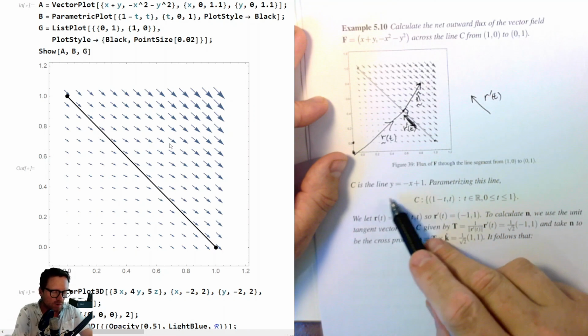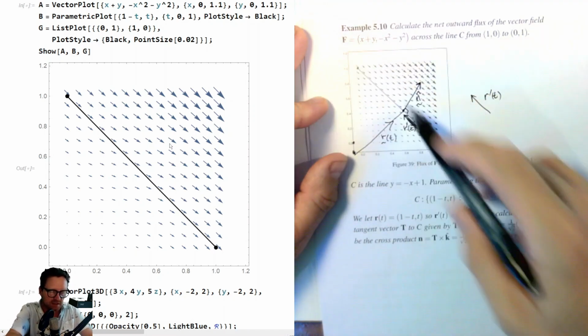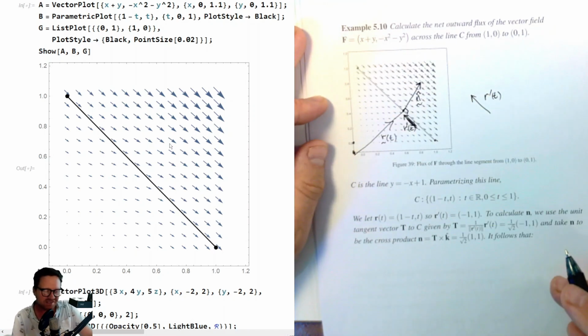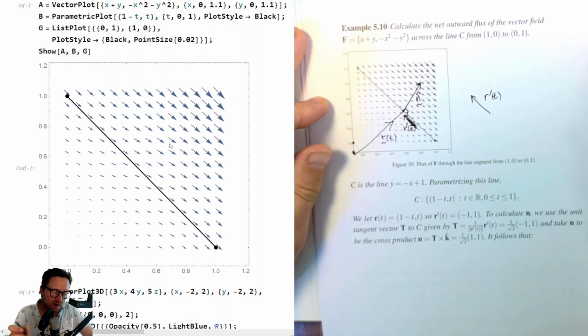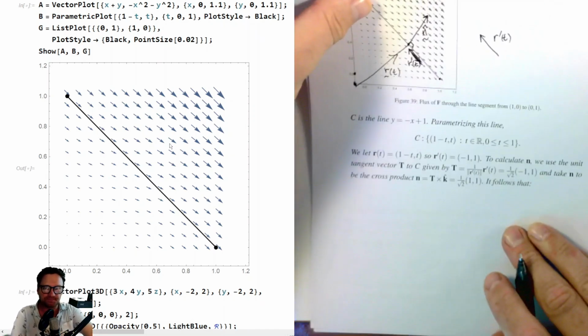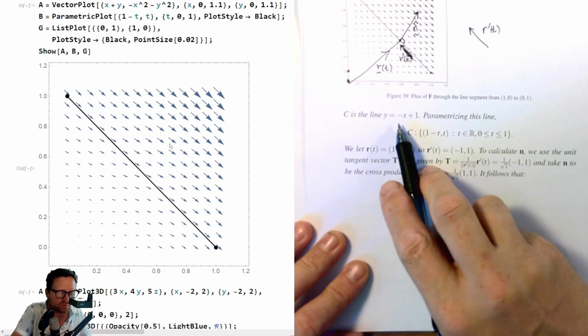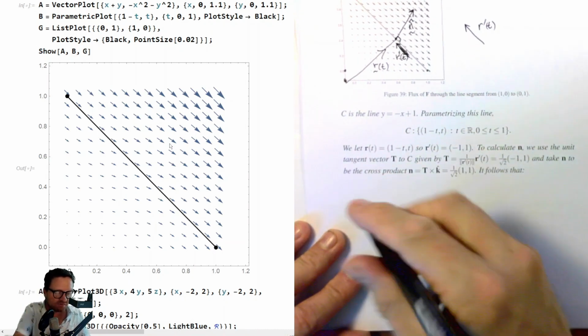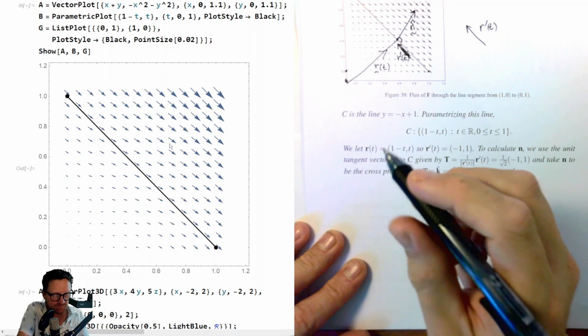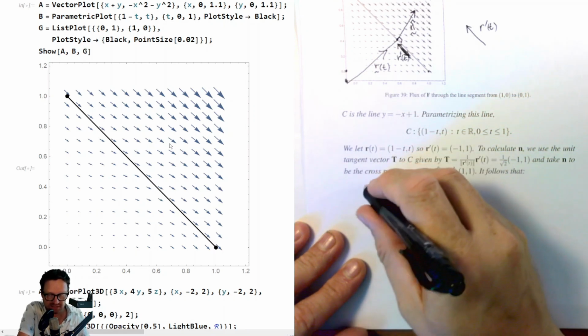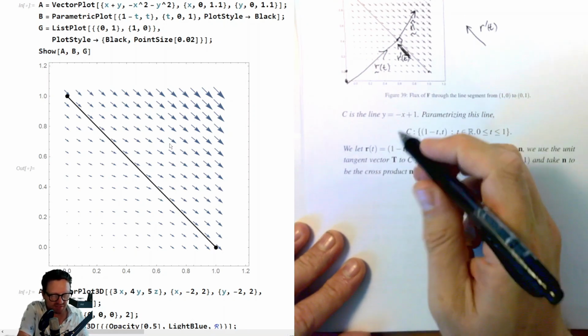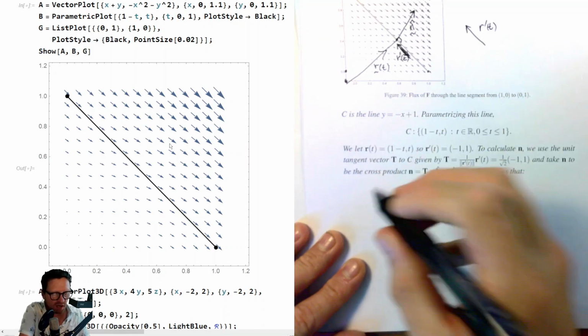So we've got a line, y equals minus x plus 1, just that line there. So let's parameterize this. So how do we do this? Well, let's look at a description of the points on this line. We want to parameterize this in terms of the letter y.